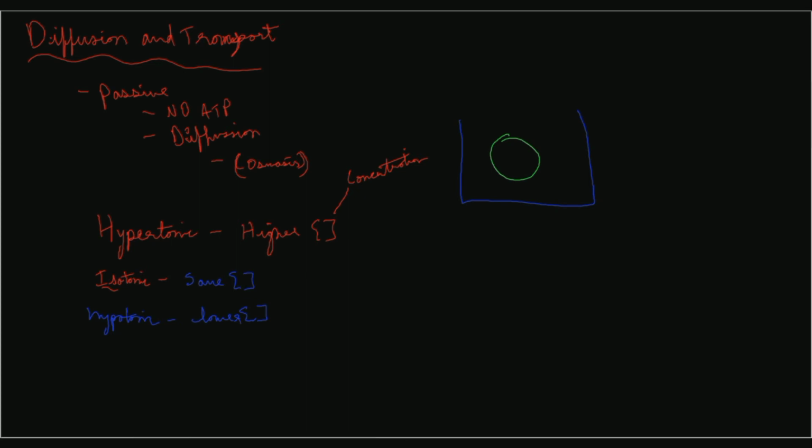And if it was isotonic, meaning same, there would not be a net movement. Net movement being that there is a certain direction that the water is being diffused into. If both of these had equal concentrations, diffusion and osmosis would still happen, but there would be no net movement.